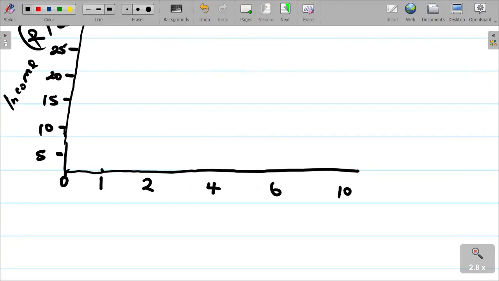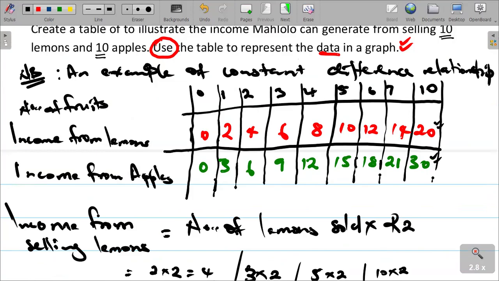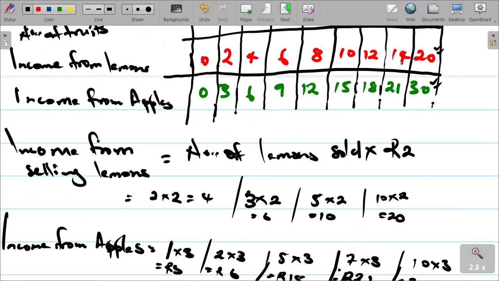I'm just randomly presenting this because I'm sure you can see what is happening in this scenario. So we go to the graph and use the set of values from our table. When 0 lemons were sold, 0 income was made.